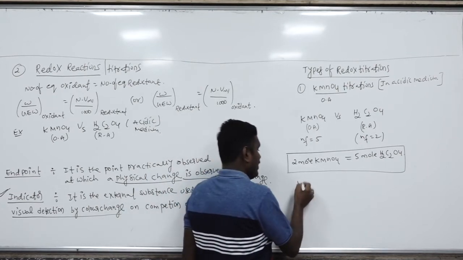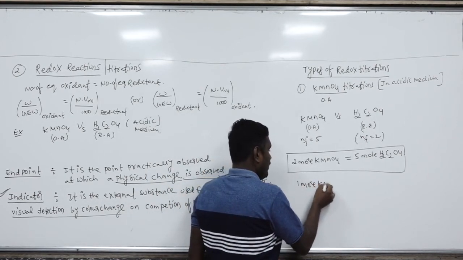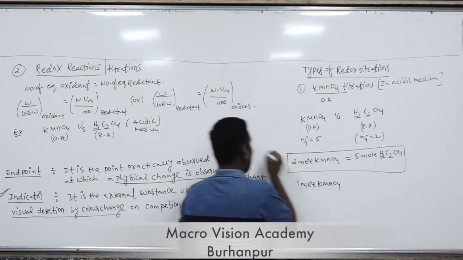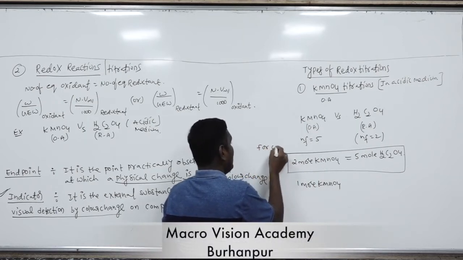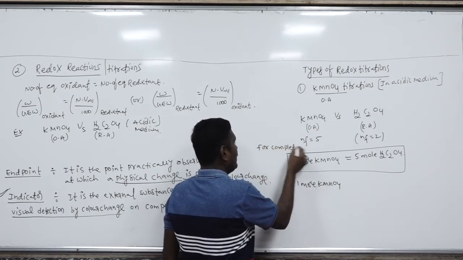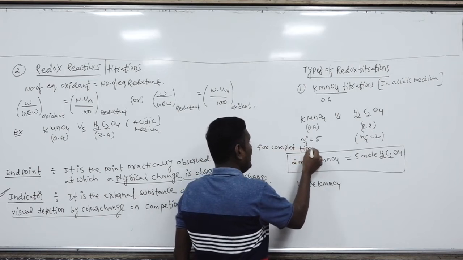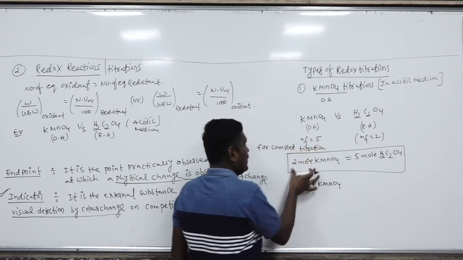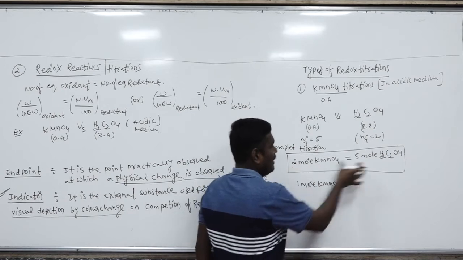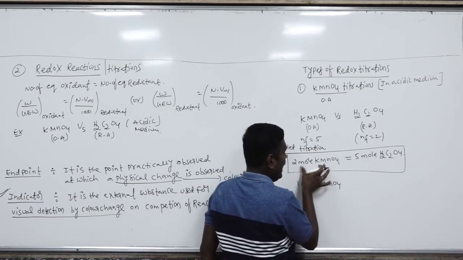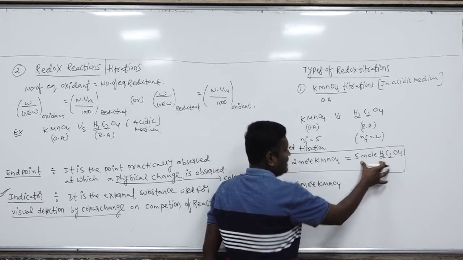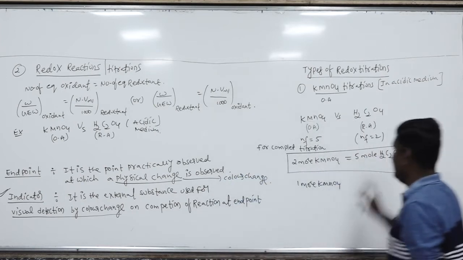Let's suppose I want to calculate for 1 mole of KMnO4. This is for complete titration. For complete titration, 2 moles of KMnO4 are exactly required. For 2 moles KMnO4, exactly how many moles of oxalic acid are required for complete oxidation? 5 moles.